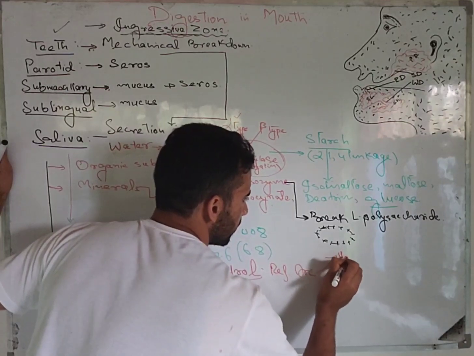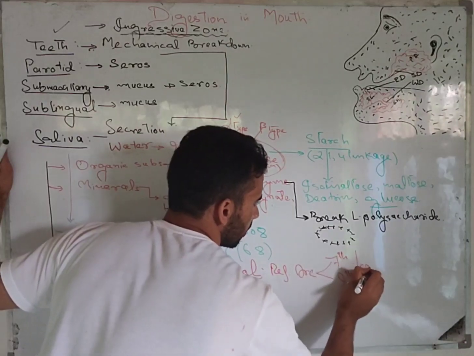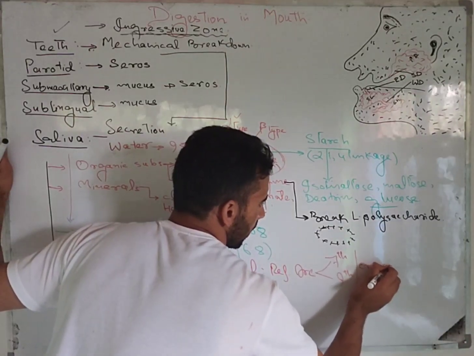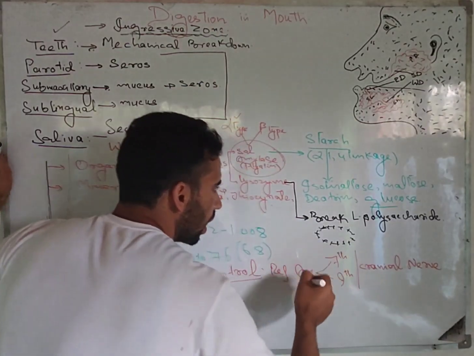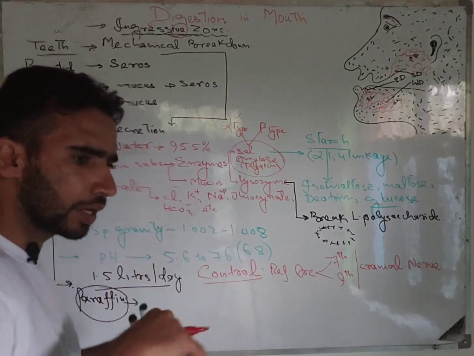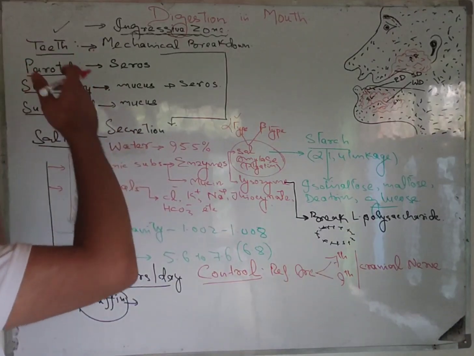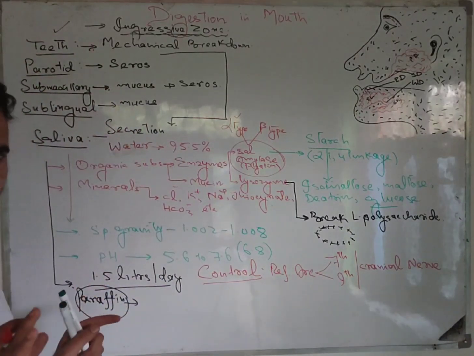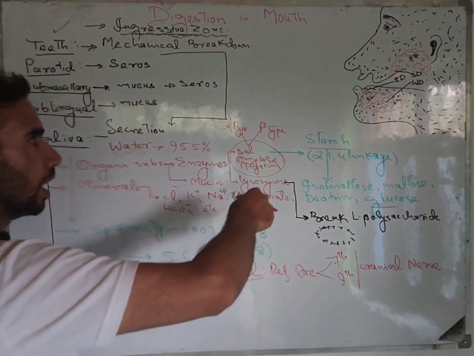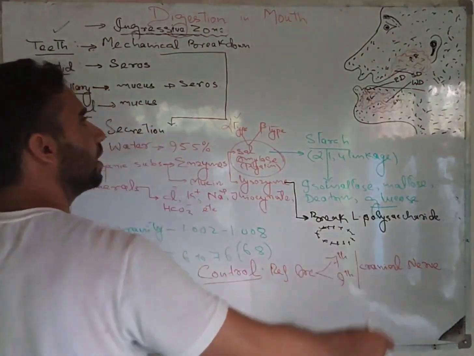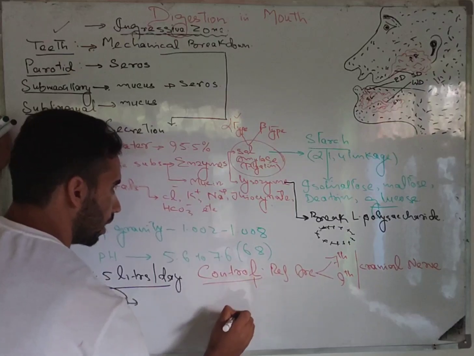Remember please, 7th and 9th cranial nerves, which are associated with the regulation of the secretion of these 3 types of salivary glands, isn't it? But so far as the nervous center of our salivary glands is concerned, it is lying in our medulla oblongata.